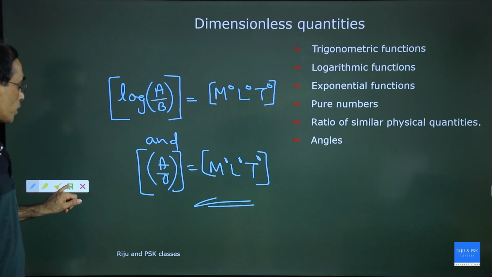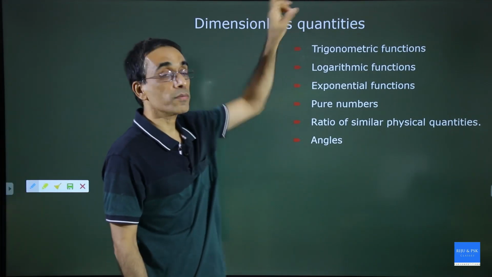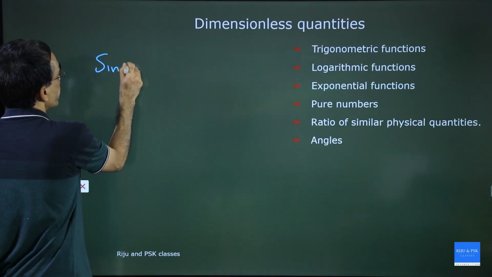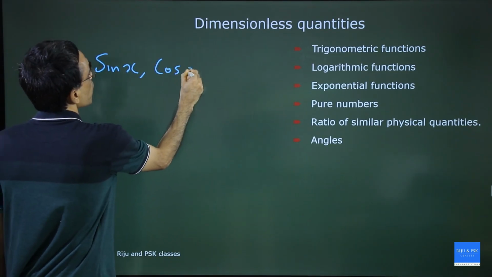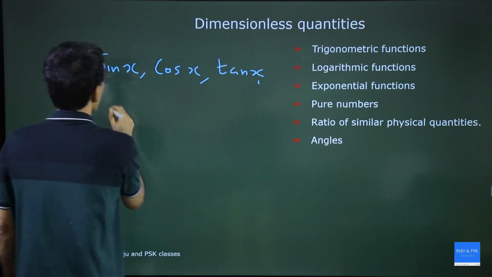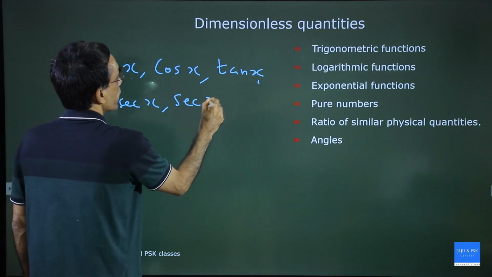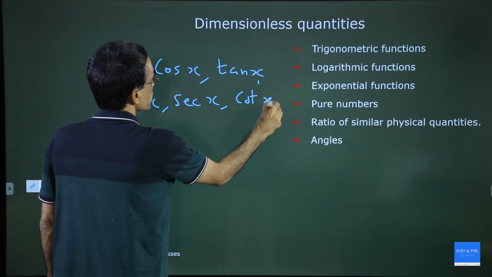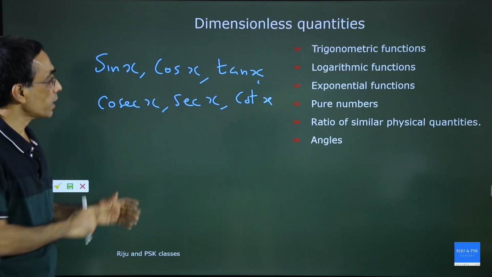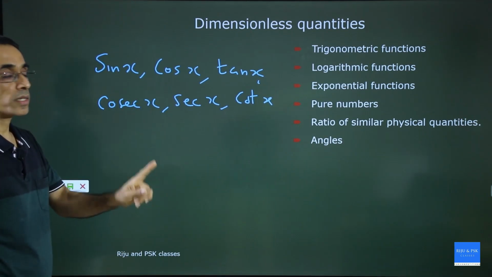Okay. Logarithmic functions. Next one, trigonometric functions. What are trigonometric functions? Like you have sin x, cos x, tan x, then you have cosec x, sec x, cot x. All of them are called trigonometric functions. The dimensional formula of all these functions is M0 L0 T0.